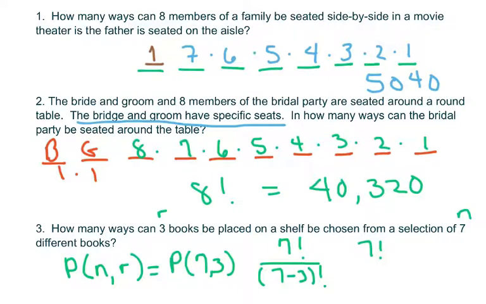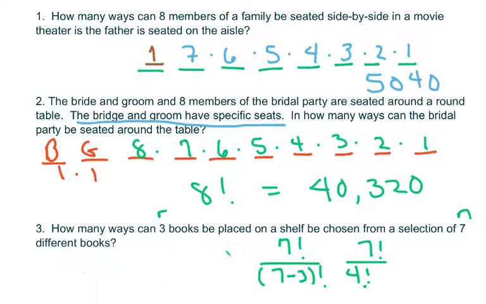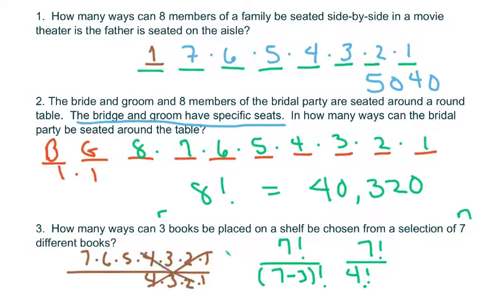I should have saved more room for this, so I'm going to erase some of this. You have that down, hopefully. So it's basically 7 times 6 times 5 times 4 times 3 times 2 times 1 over 4 times 3 times 2 times 1. So basically you get 7 times 6 times 5, which equals 210.